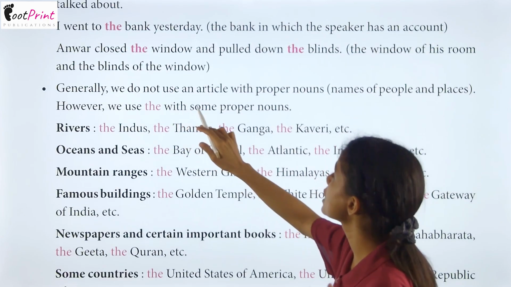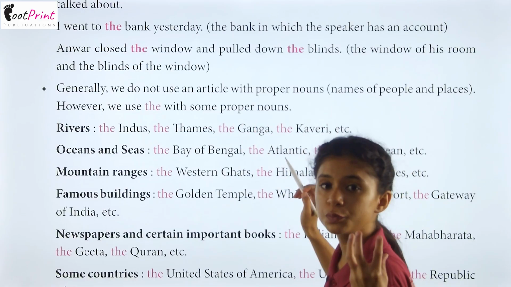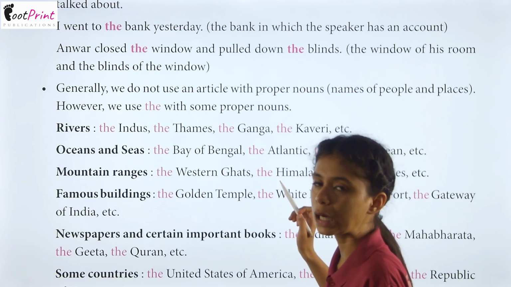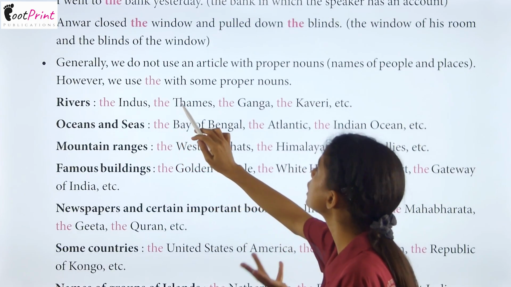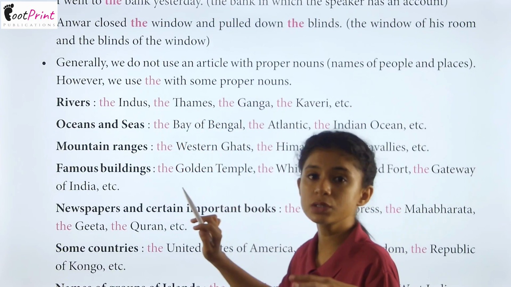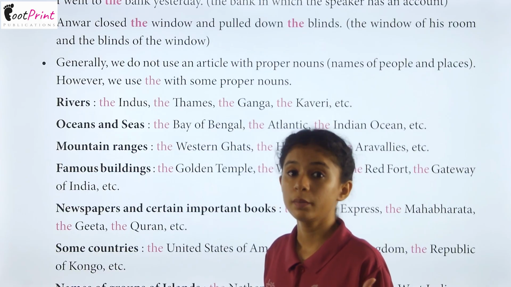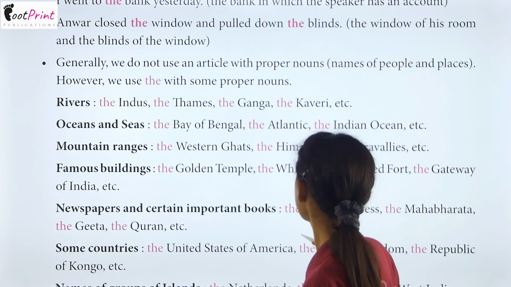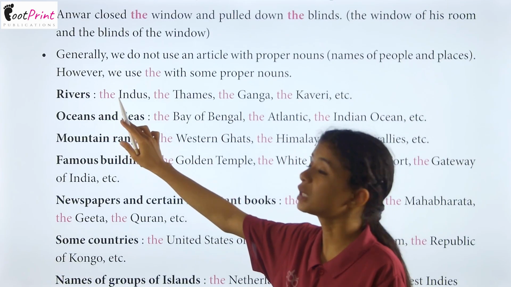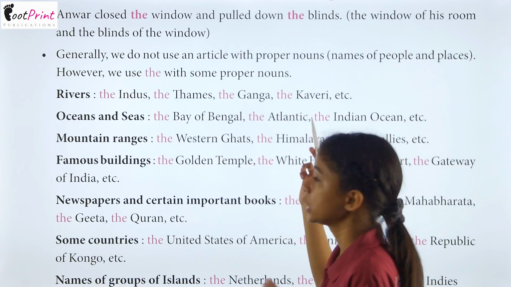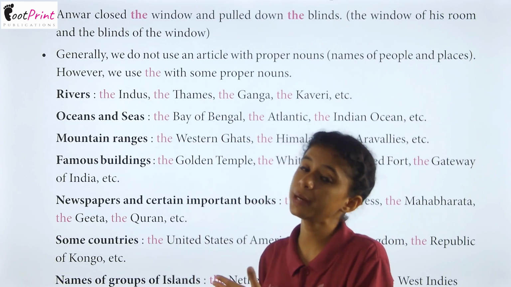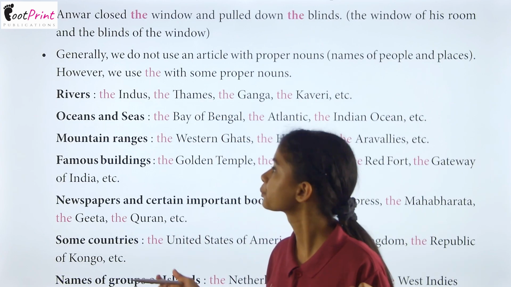Generally, we do not use an article with proper nouns. However, there are some proper nouns with which we use this article. Rivers: the Indus, the Thames, the Ganga, the Kaveri, etc. So they are proper nouns, but we are using the with them.